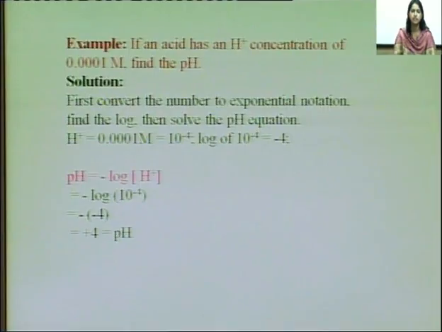Let us read that. If an acid has a hydronium ion concentration of 0.001 molar, then find out the pH. The steps for the solution are: first convert the number to exponential notation, find the log, and then solve the pH equation.